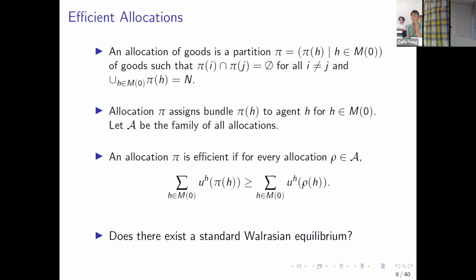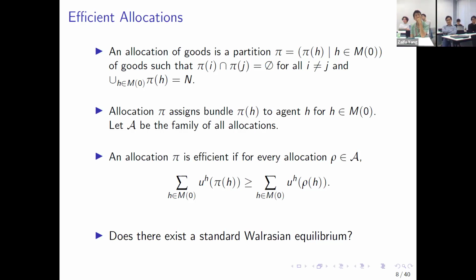Then the first question is whether a standard variation equilibrium exists. The standard variation equilibrium means that the price is linear. If you have a bundle of goods, then the price you pay for the bundle is equal to the sum of every item's price in the bundle.